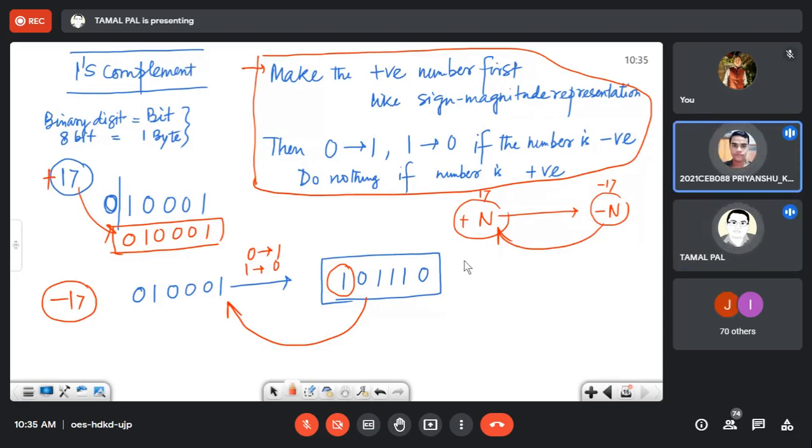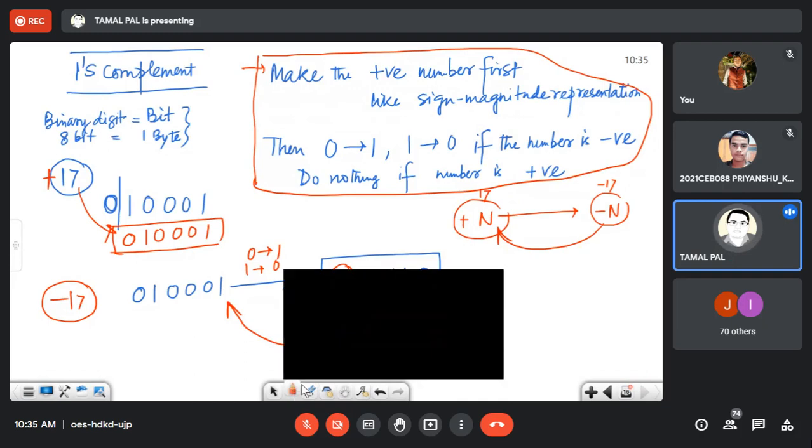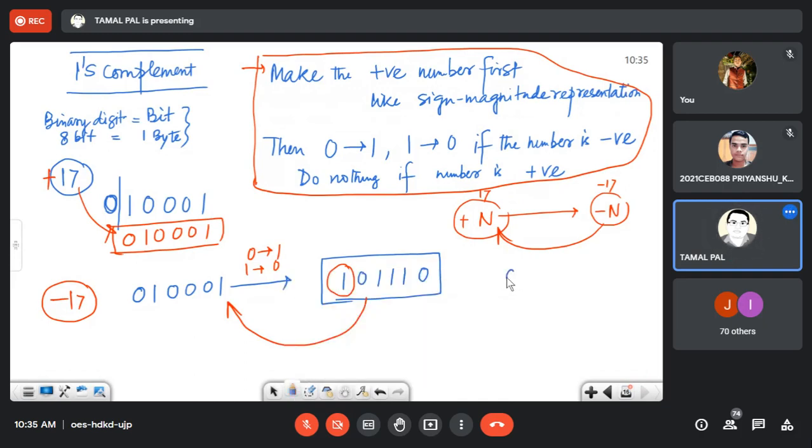Sir, can two decimal values have the same binary value? Same thing is true here actually. If your number is 0, its positive representation is this 0, but its negative representation is also this.